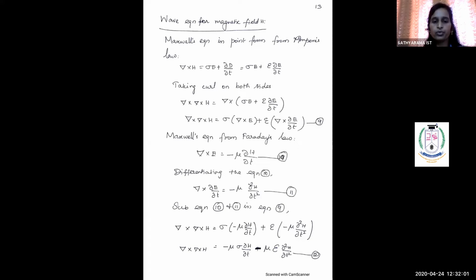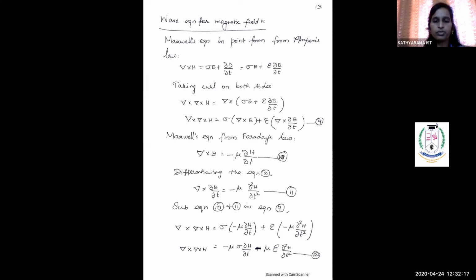Now we are going to differentiate our equation number 10. When you differentiate equation number 10, del cross dou E by dou T is equal to minus mu into dou square H by dou T square. This is going to be our equation number 11.